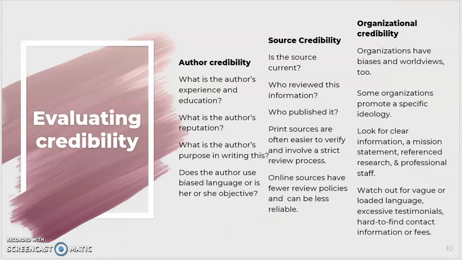Evaluating credibility is a really important part of evaluating evidence. You have to ask yourself about the credibility of the author, the source, and the organization, the larger organization that's responsible for the information being presented. So the author may or may not have education or experience that makes him or her an expert.